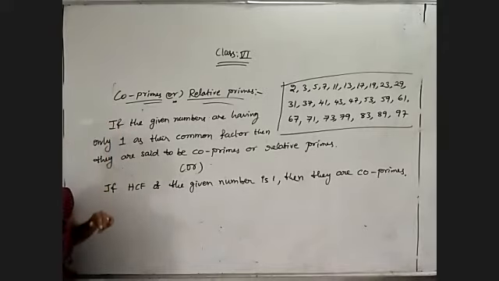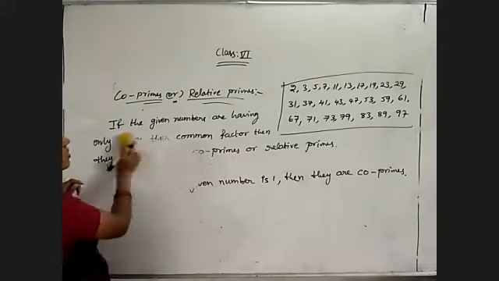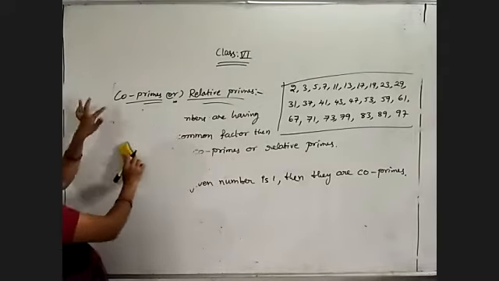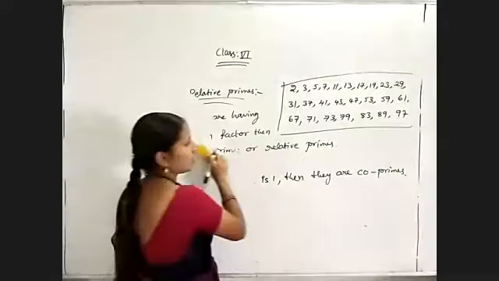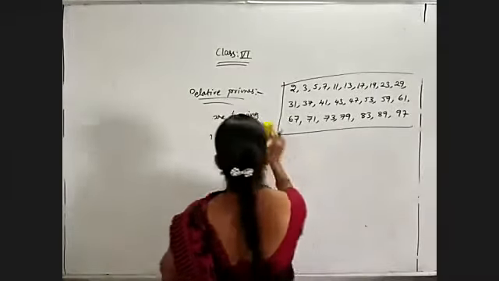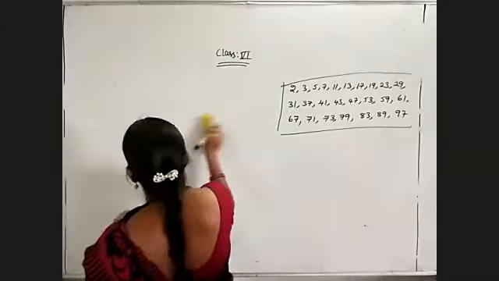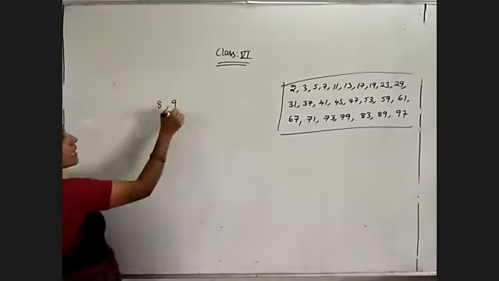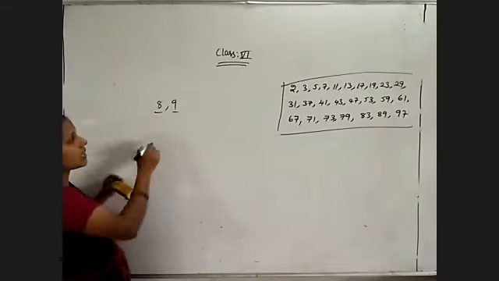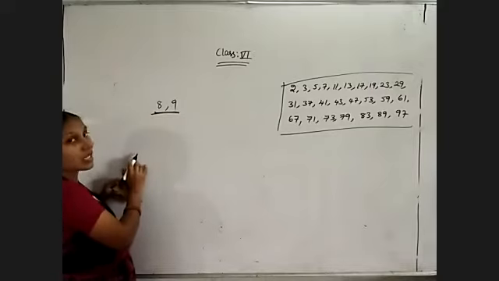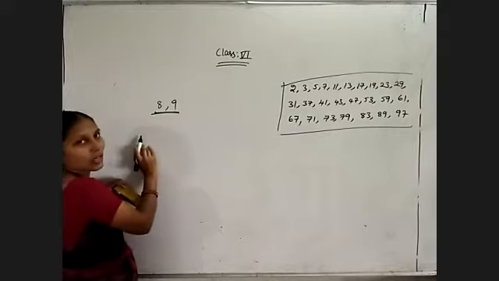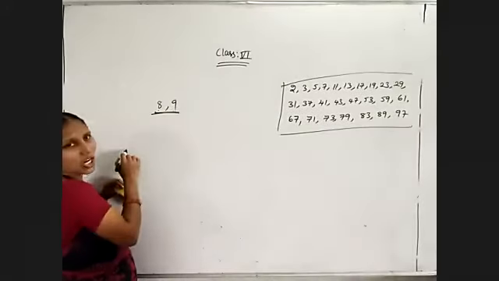Coming to twin primes, we compulsorily need to take prime numbers only, but in the co-prime case there is no need to. If I take 8 and 9, even though these two are composite numbers, they are co-primes. As I told you, consecutive numbers are always co-primes. So 8 and 9 are co-primes, but they are not prime numbers.